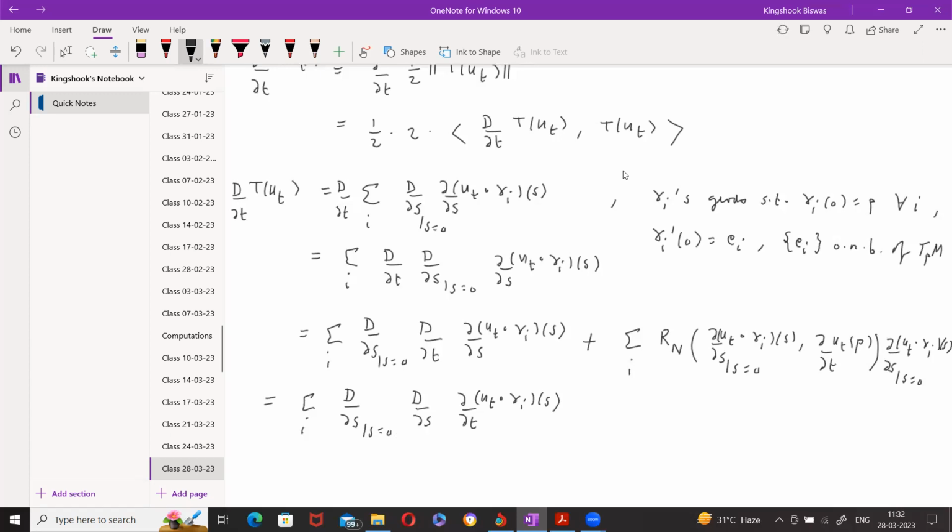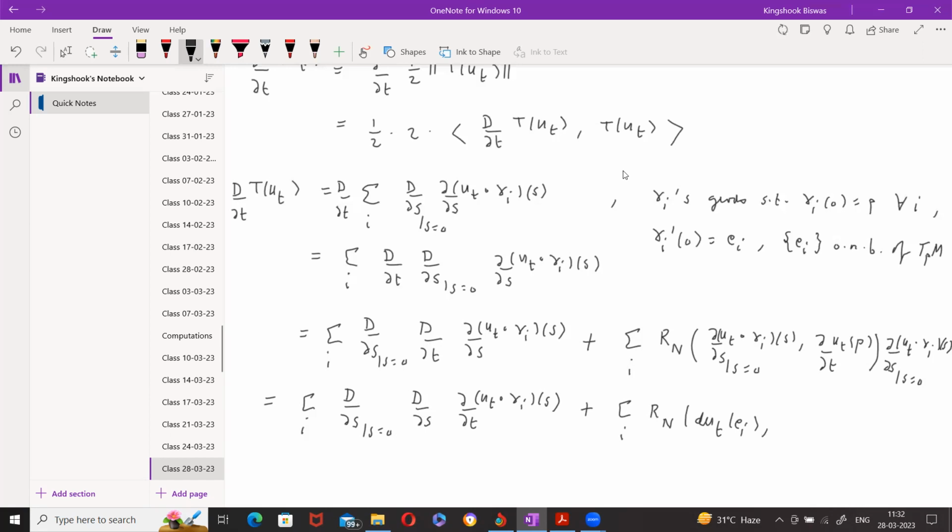Then here del del s at s equal to 0 of u_t composed gamma_i, by the chain rule, will be du_t of gamma_i'(0), which is e_i. So this is du_t of e_i.